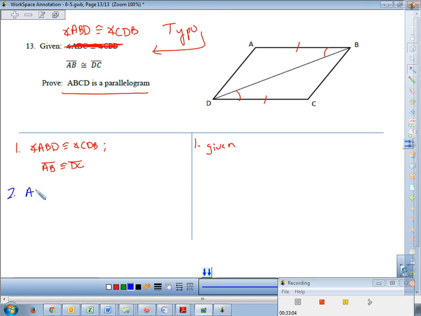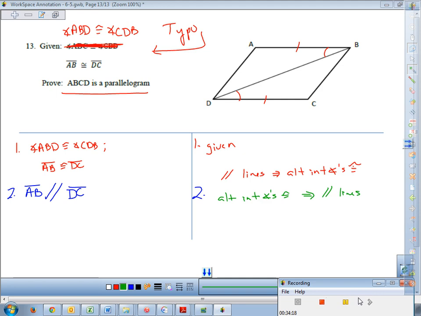Segment AB. How do you write that they're parallel to each other? Slash, slash. Now you get your justification for step 2 and see if you do it right. I gave you 2 options right there.